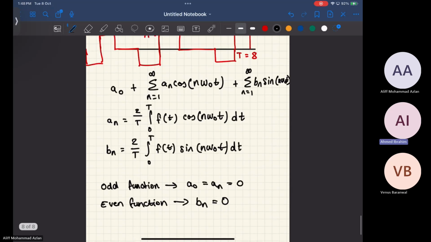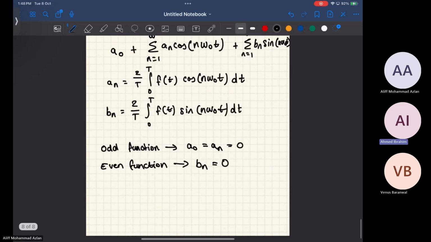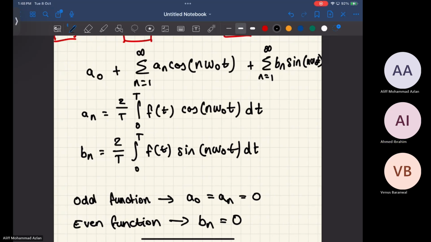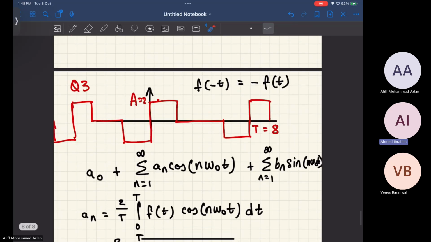Now, another simplification that this odd function allows us to do is transform this integral to just half a period and have this as 4 over T. Generally, that might be easier to compute because we just have to worry about half a period instead of the whole period.